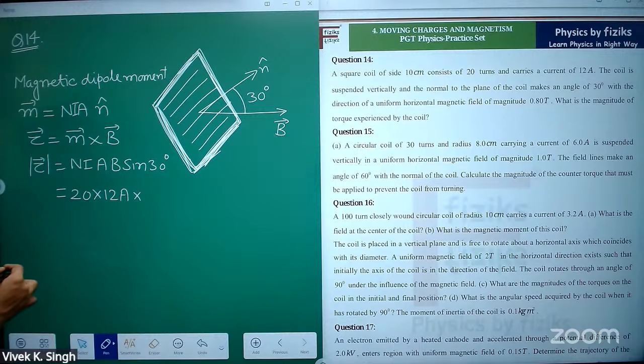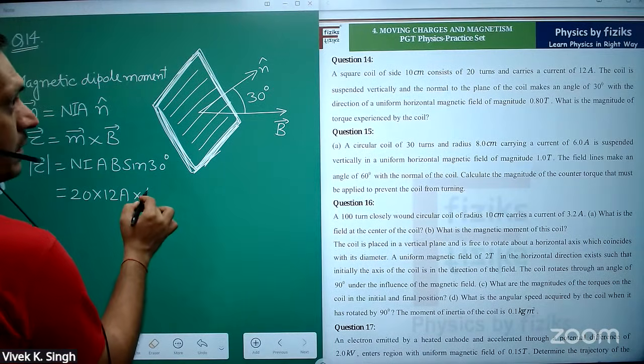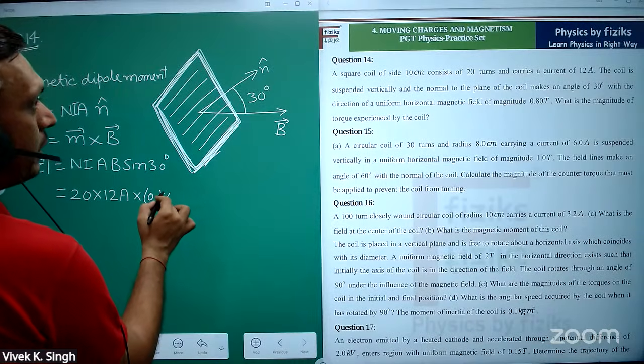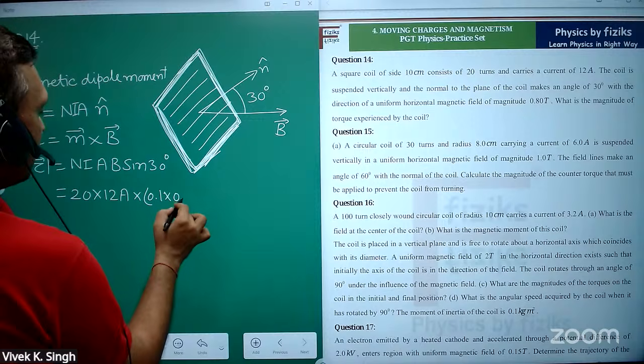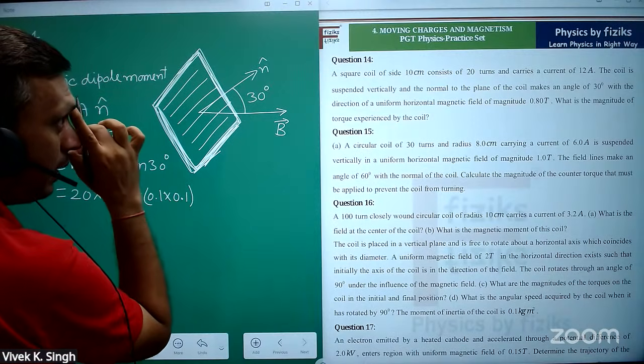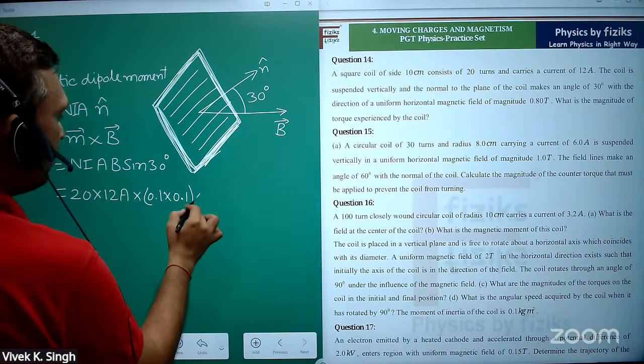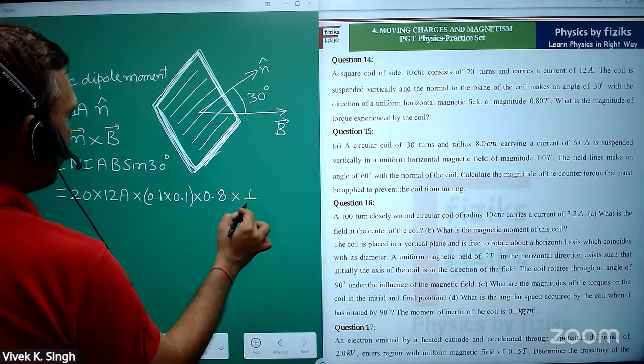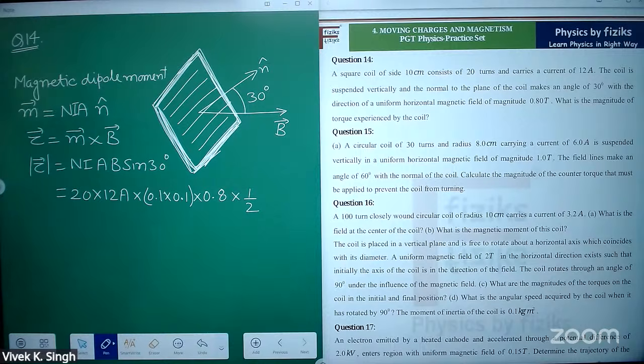Area is L into L, so the side is 0.1 into 0.1. This is the area and magnetic field B is 0.8 Tesla. Sine 30 is 1 by 2. This will be the torque.